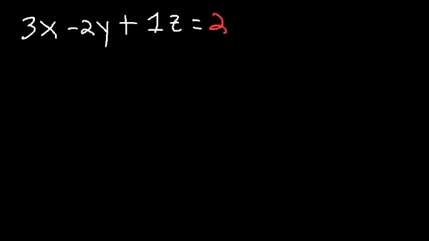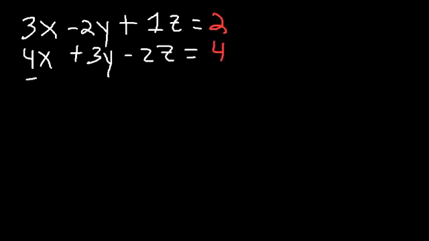Now let's work on an example. So let's say we have a system of 3 equations, 3x minus 2y plus 1z is equal to 2, and 4x plus 3y minus 2z is equal to 4.